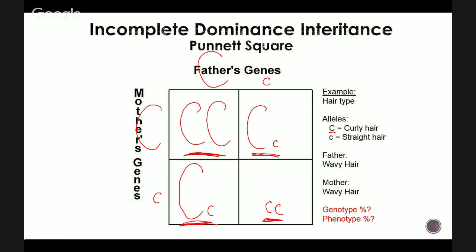Heterozygous, you got it. Now, going to the phenotype, as you were saying, Joey. 25% is what? Homozygous dominant. Curly hair. Yeah, 25% curly hair.